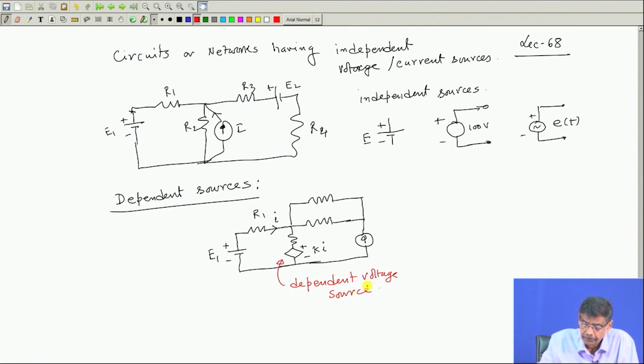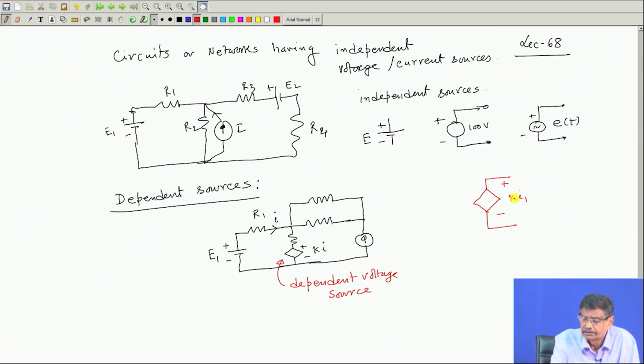The unit of K will be volt per ampere, so that this becomes volt. All dependent sources will be represented by a diamond like this, and the voltage across this one may depend upon current in some other branch of the circuit, for example, K I1.